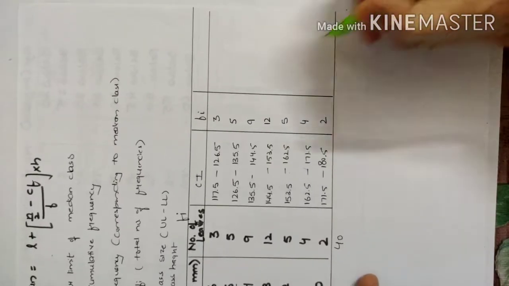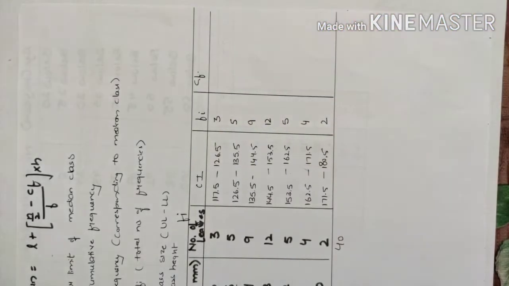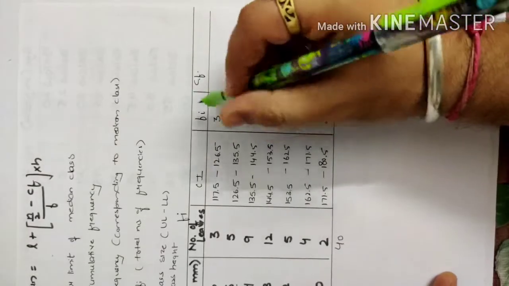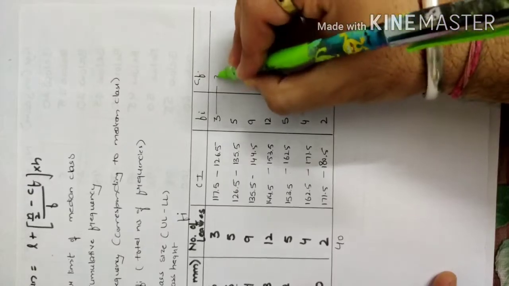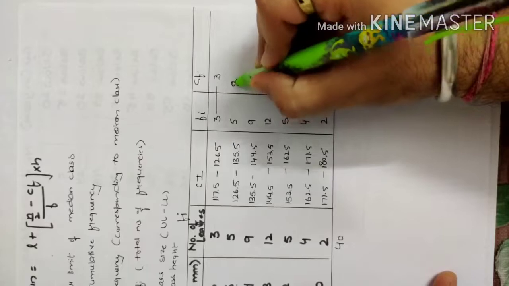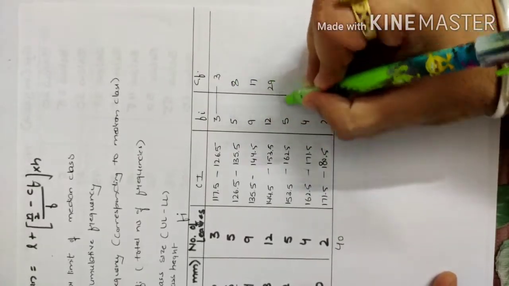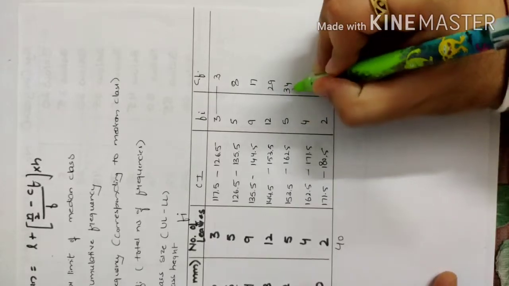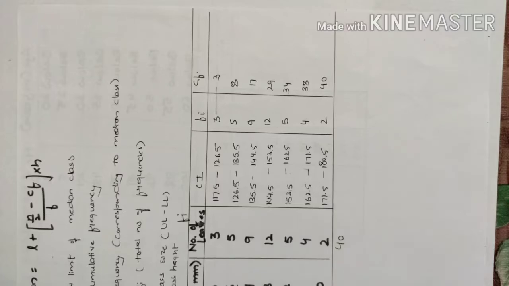To calculate the CF, the cumulative frequency, you simply copy the first frequency, that is 3. For the next CF, 3 plus 5, 8, 8 plus 9, 17, 17 plus 12, 29, 29 plus 5, 34, 34 plus 4, 38, 38 plus 2, 40.